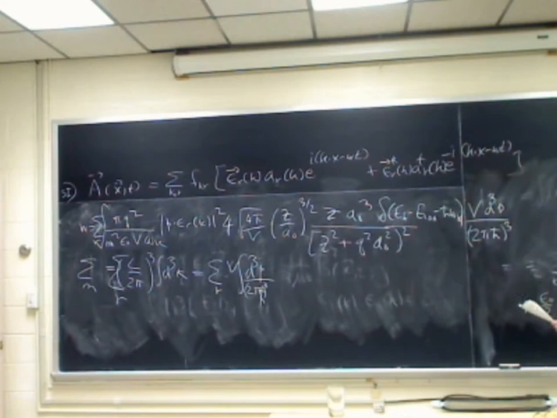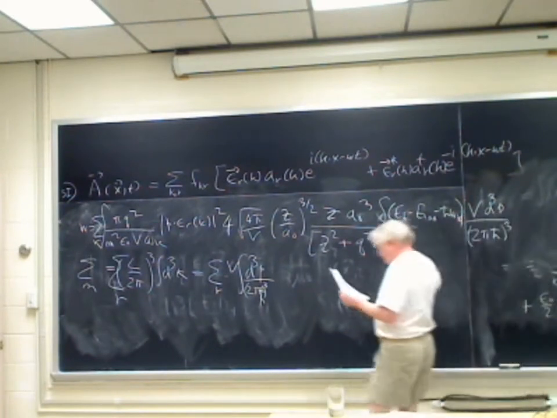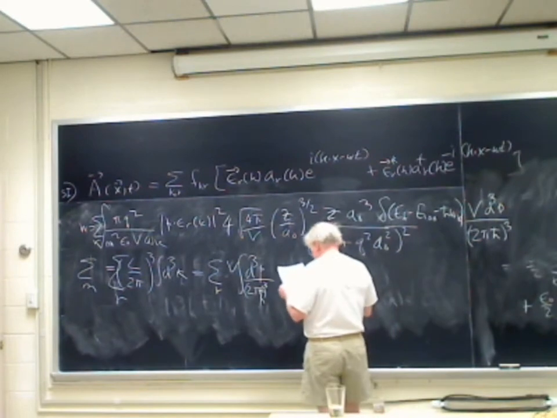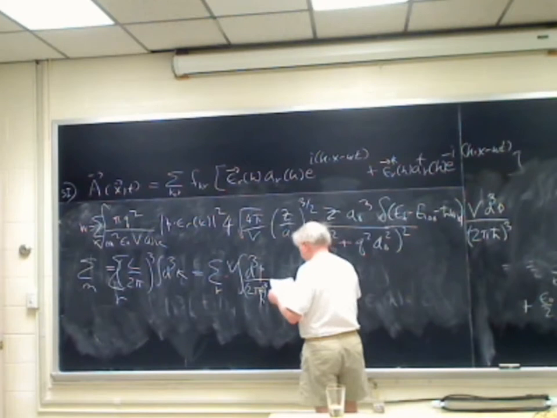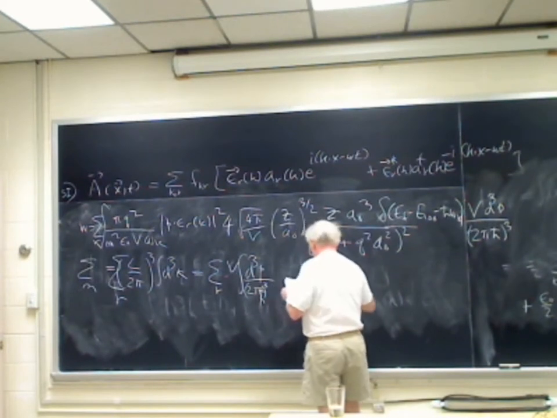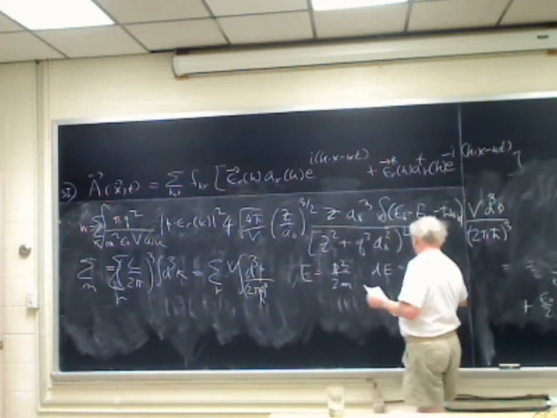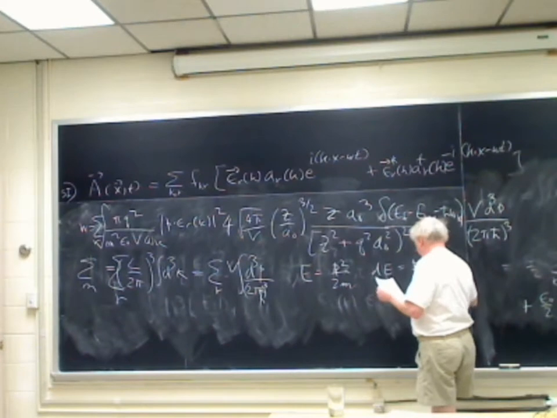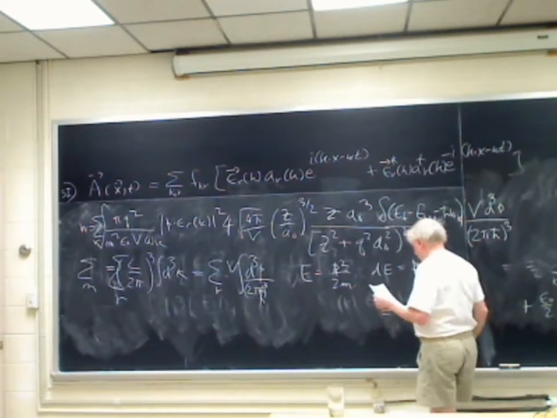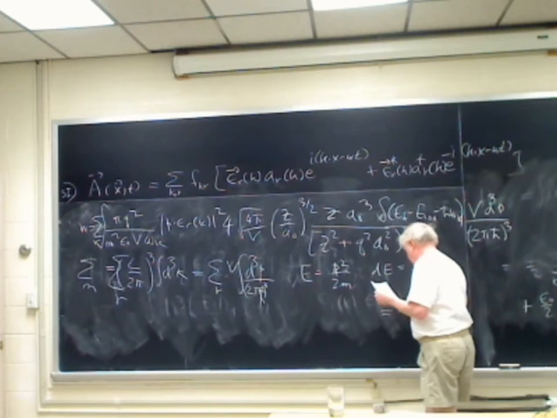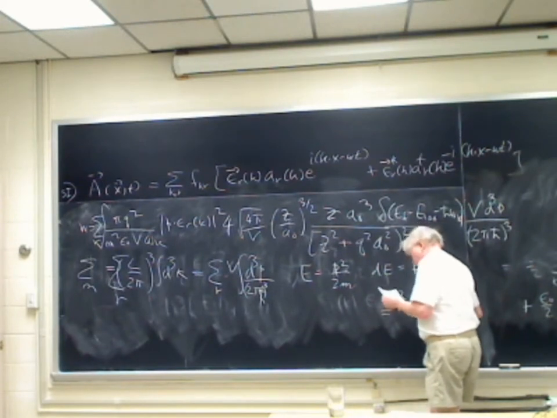Okay, well, the integration, what we've got in here is a delta function of E. Here E is p squared over 2m, so dE is p dp over m, and in terms of k, that's h bar squared k dk over m.